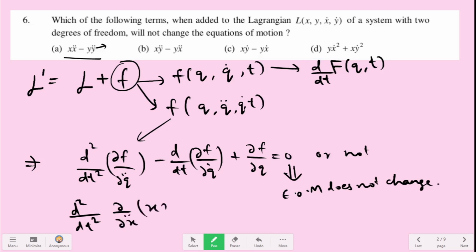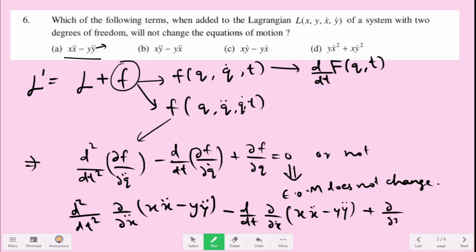F is x double dot minus y double dot, minus d by dt of del by del x dot of x double dot minus y double dot, plus del by del x of x double dot minus y double dot. We are checking if this is equal to 0 or not.